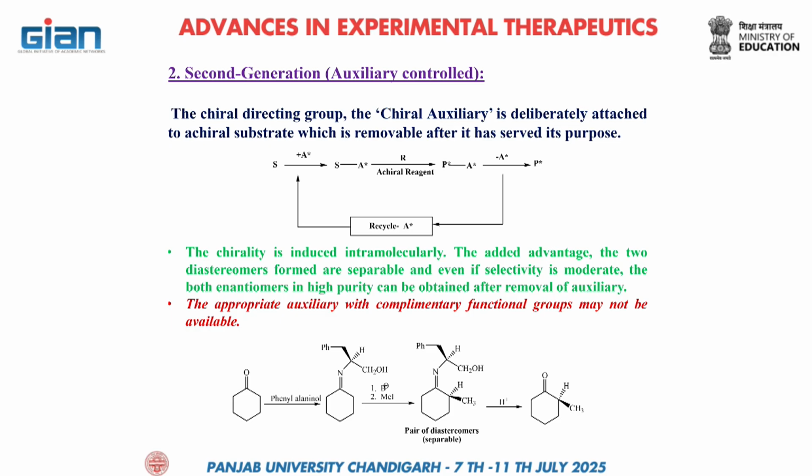So if you see the scheme, that if your substrate, you place the A star, that is the auxiliary. Once you place the auxiliary, then you bring your reagent, a chiral reagent, then that reagent is going to add with respect to the auxiliary which is present. Once your product is formed, remove the auxiliary.